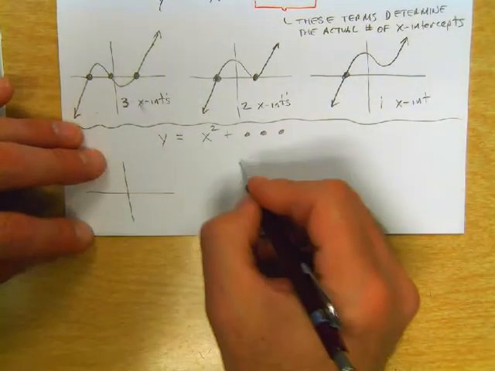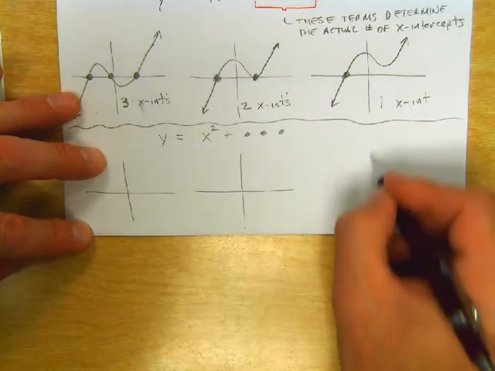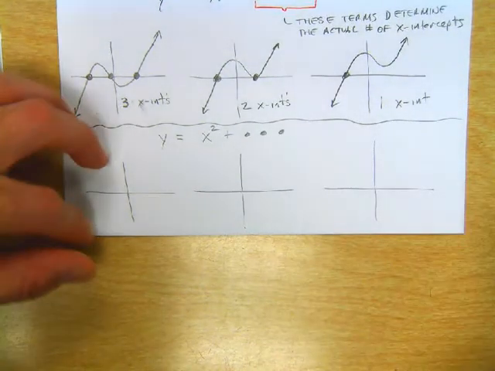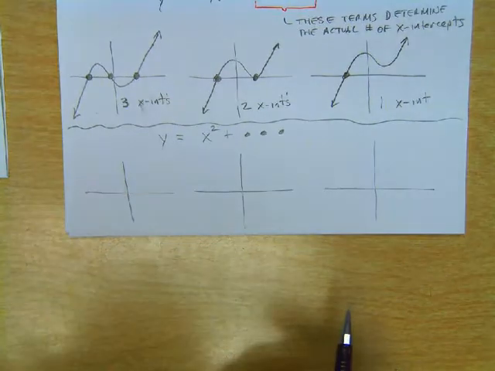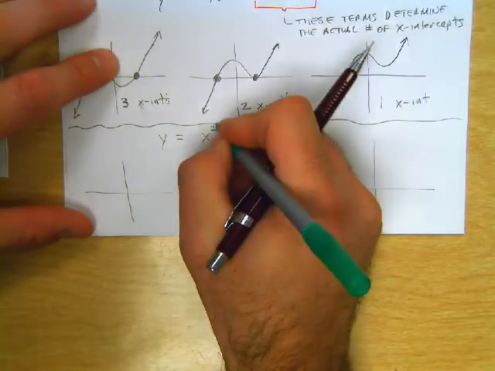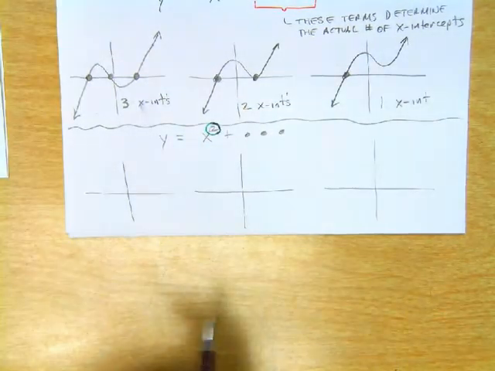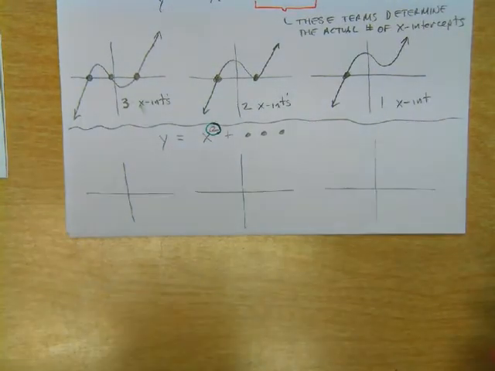Well, the max number would be 2 x-intercepts. Now, this beginning term is positive, so the right hand is up.